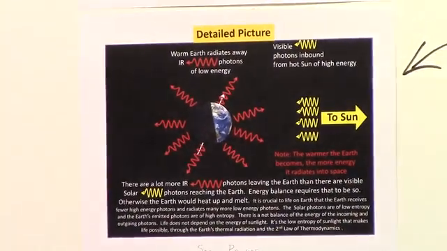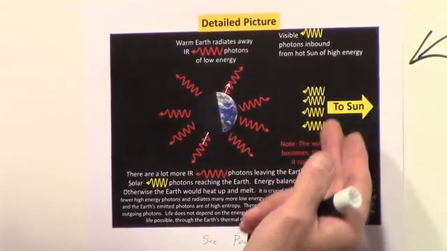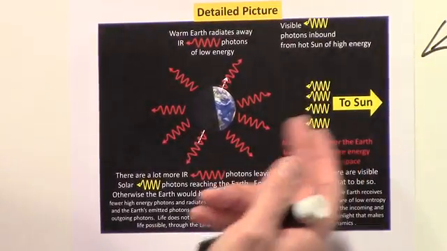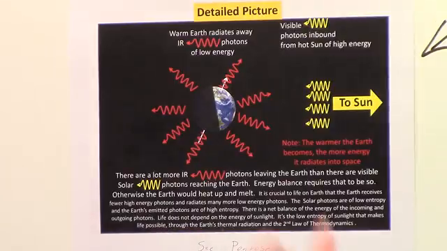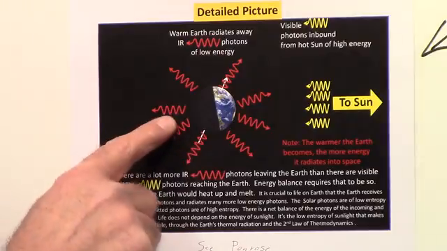And this is a little bit more of a detailed picture. Out over here is the sun, and I've color-coded the photons coming from the sun as yellow. They're going to be absorbed by the earth. That will raise the earth to some temperature. Then the earth will radiate at a lower photon frequency, which I'm showing as red.